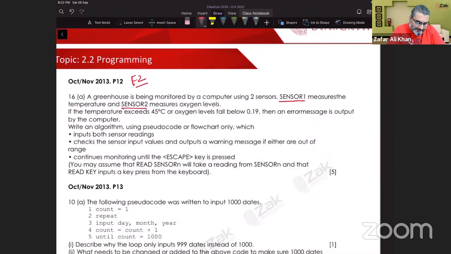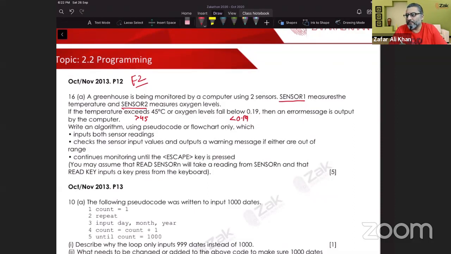If the temperature exceeds 45 degrees, and remember degree C is a unit, we won't be using it, or the oxygen level falls below 0.19, then an error message is output by the computer.